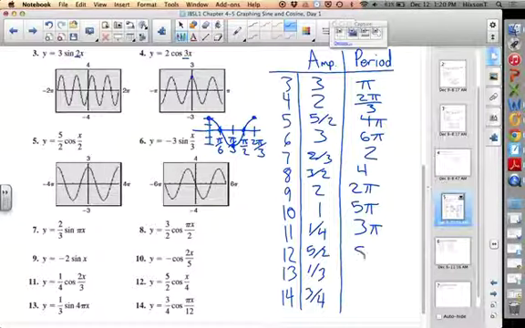Yeah, 8 pi. 13, it's 1/2. The pi's cancel out, and then you have 2 over 4, which is just a half. And the last one is 24. You end up multiplying by 12 over pi, you get 24. Okay?